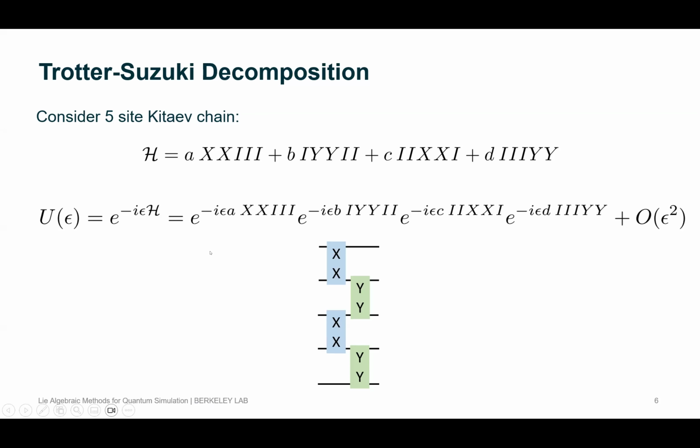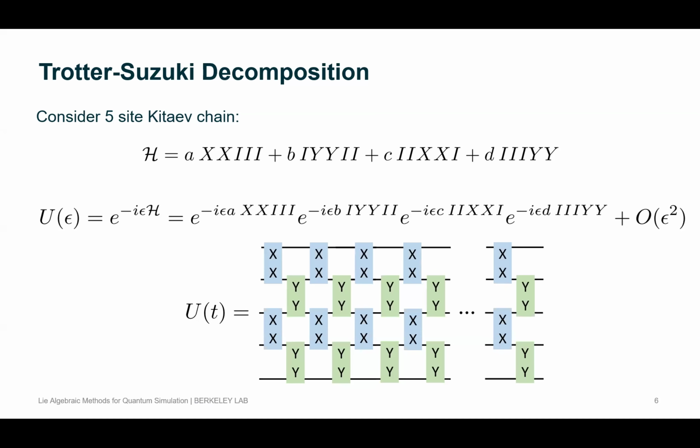If you want to write some U of t, let's say that t is 1,000 epsilon, then you can write this U of epsilon, append 1,000 of them, and then you have your U of t to order O of 1/1,000 error. That's how you apply Trotter-Suzuki decomposition to build a quantum time evolution circuit for a many-body system like this.